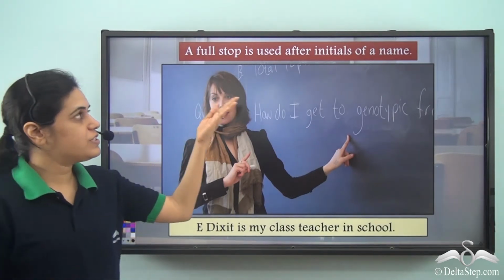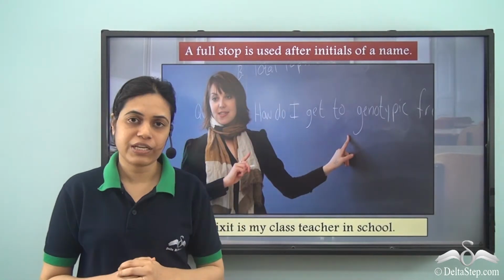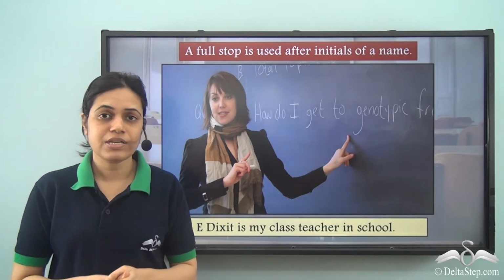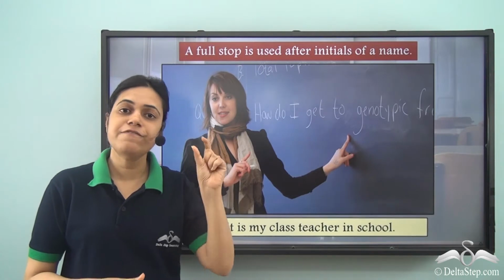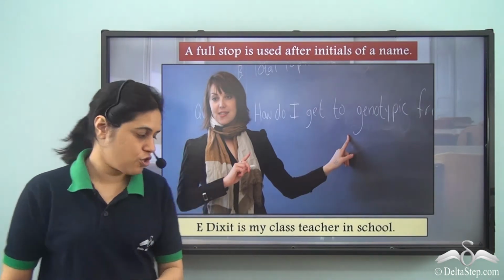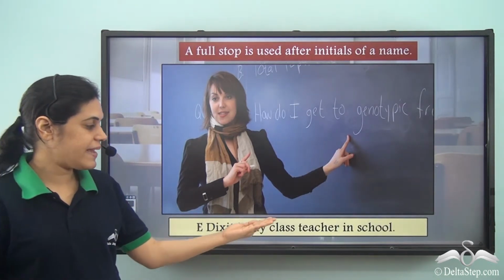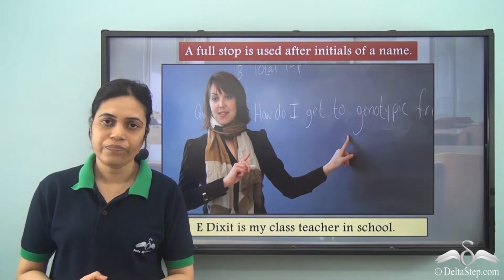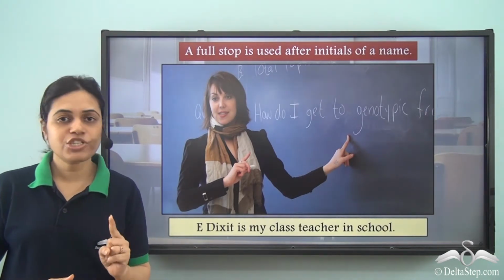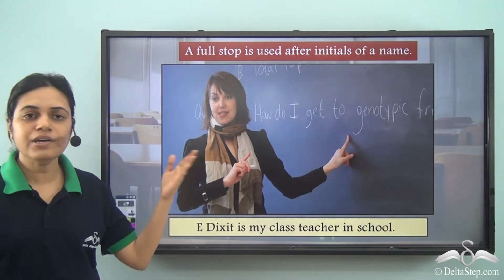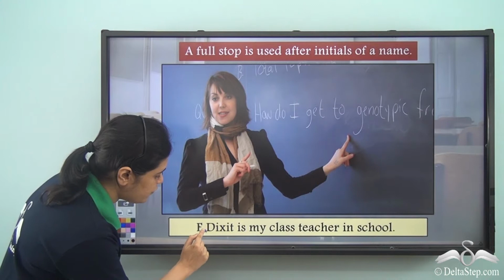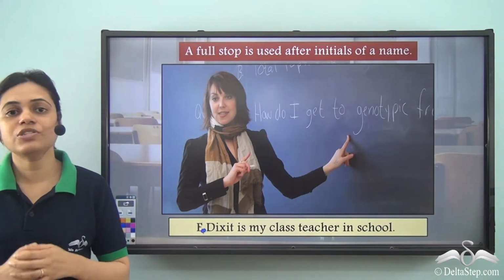A full stop is used after initials of a name. So when we write short forms of names, that is initials. Initials means only the first letter of the name. Then we have to use a full stop. E. Dikshit is my class teacher in school. Now E actually refers to the initial or the short form of the first name. So we need to put a full stop after E because it is the initial.